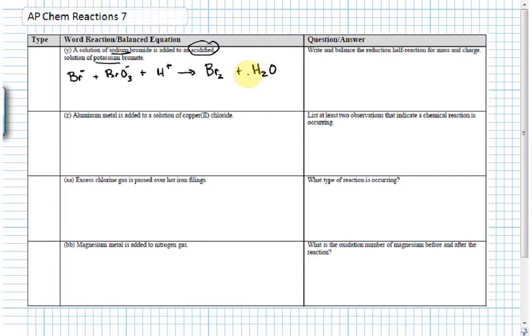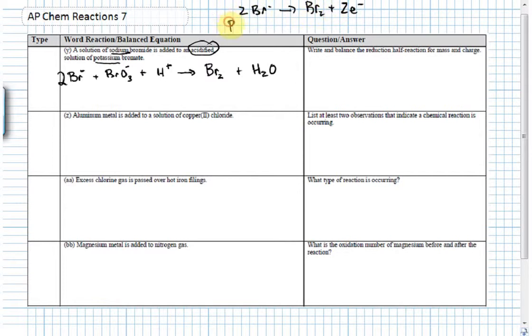You might break it up into half reactions to balance things. And so, for example, 2 bromides are going to go to bromine. So maybe I'll do that up here. 2 bromides are going to go to bromine plus 2 electrons. So there's the oxidation. Bromide is being oxidized to bromine.